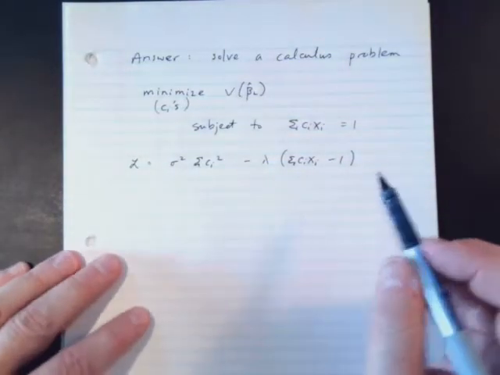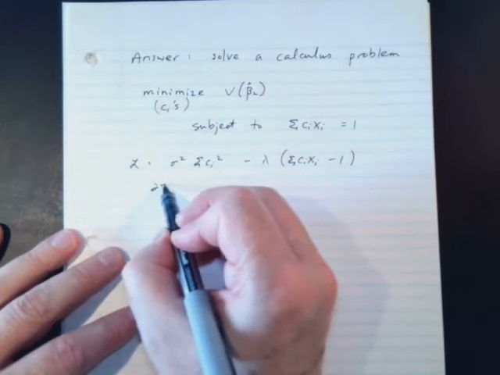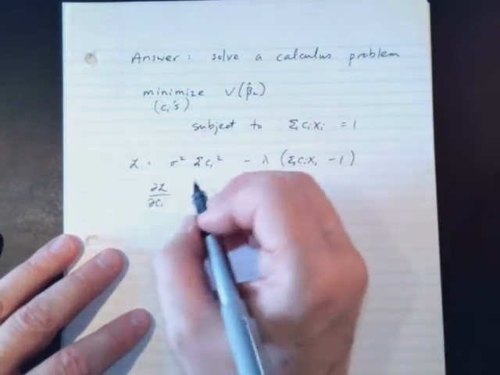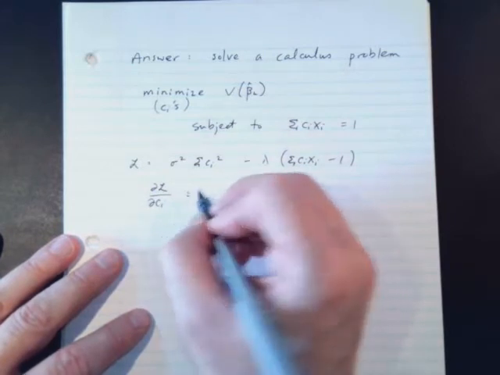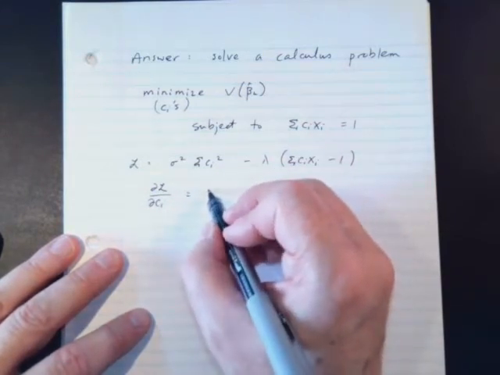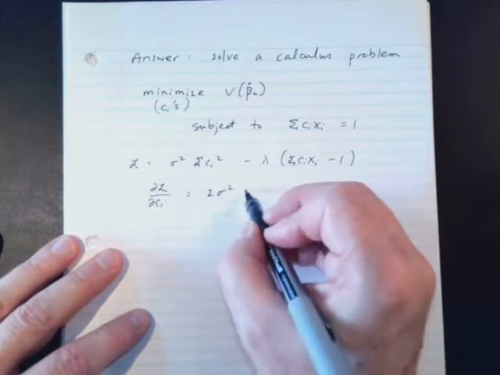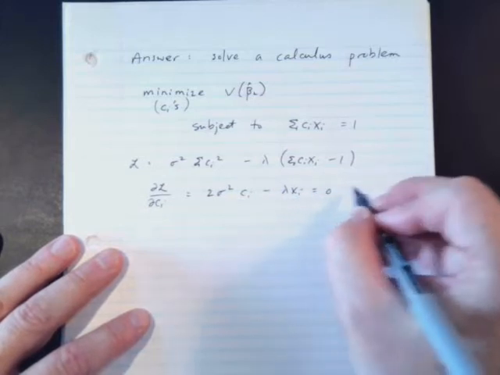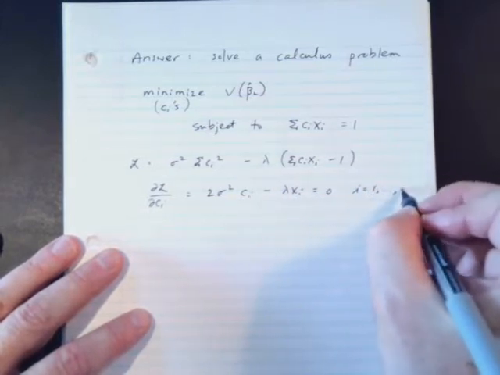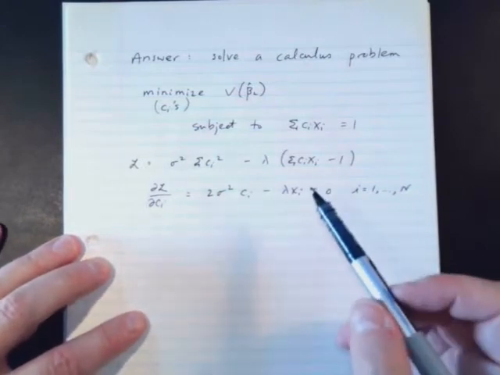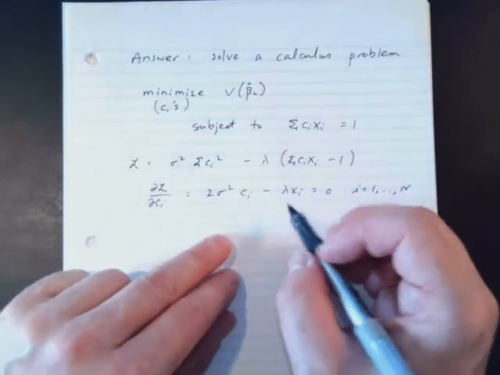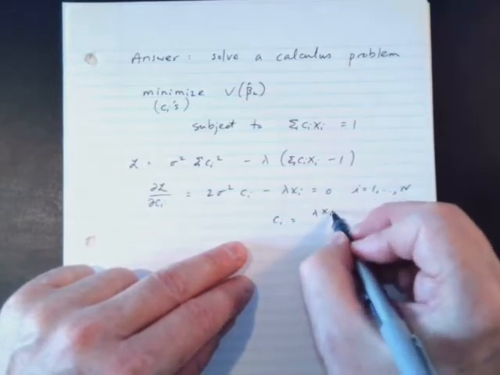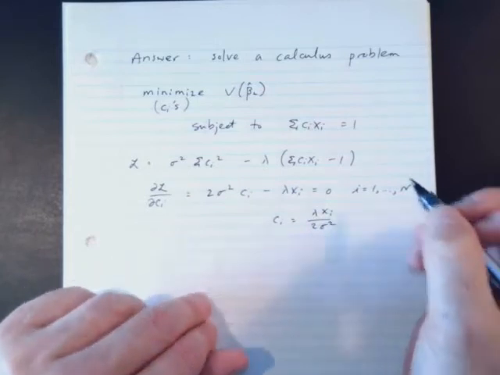Then what you want to do is take the derivative of the Lagrange function with respect to Ci, and so that is 2 times sigma squared Ci minus lambda xi equals 0, i equals 1 to n. We rearrange that to get Ci equals lambda xi over 2 sigma squared.